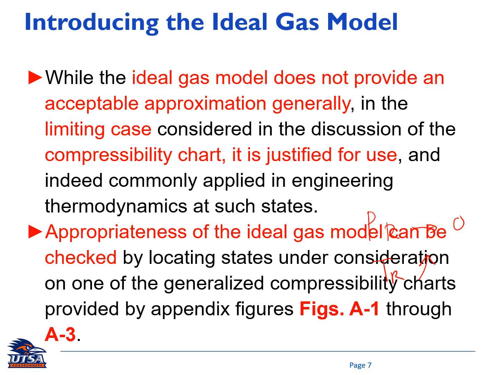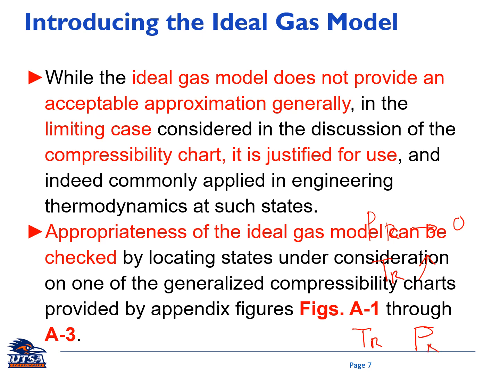So if you want to check whether this approximation is good or not, go back again to the compressibility chart. For example, if you have a certain gas, temperature is given, pressure is given, then you will be able to get what is TR and what is PR.